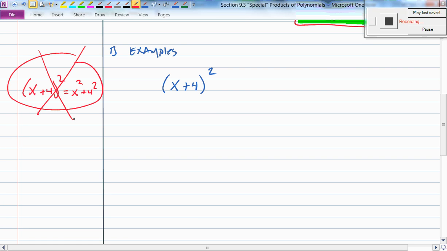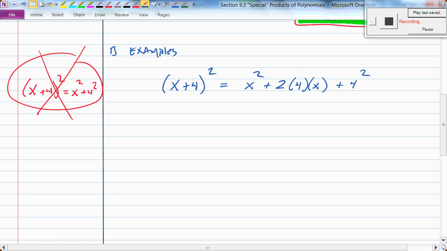Do not be that person that does that. Guaranteed, on the test, there's going to be at least 3 of you out there that do that. Your goal is to not be that person. So instead, we're going to do it the right way. We know that this is going to be x squared plus 2 times 4 times x plus 4 squared.